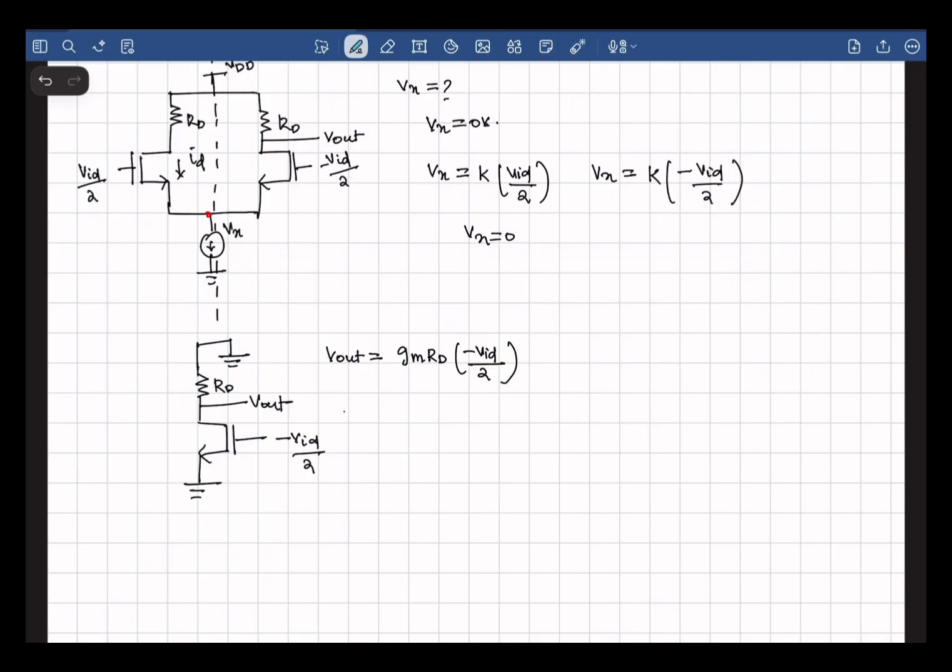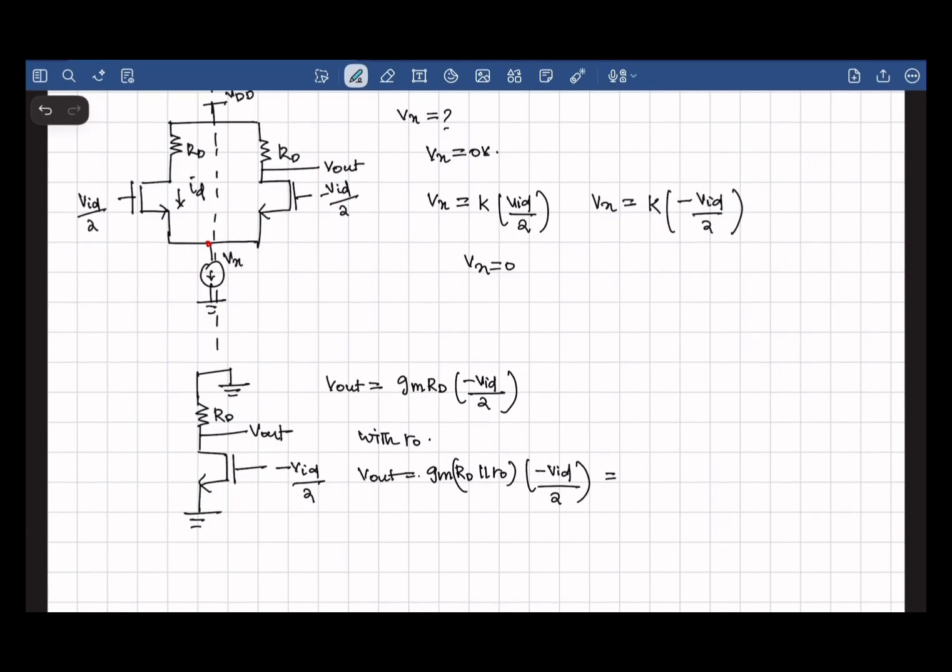And if I'm including the effect of R naught, it's simply GM RD parallel with R naught, minus VID by 2.